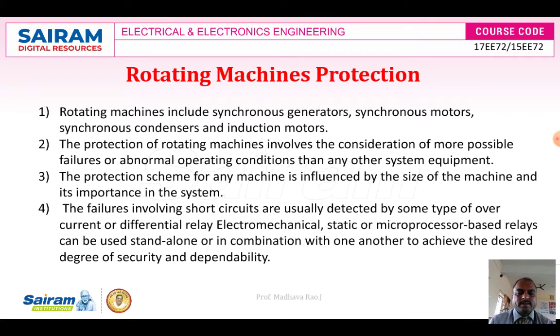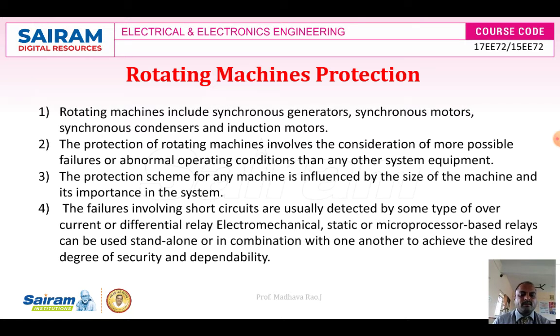Here the synchronous generator, which is called an AC generator, synchronous motor, which is an AC motor, and synchronous condenser. The synchronous condenser is also called a synchronous machine, and it may act as either generator or motor. Then the induction motor.